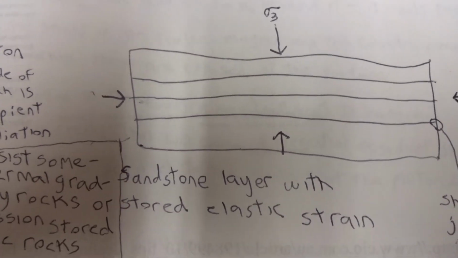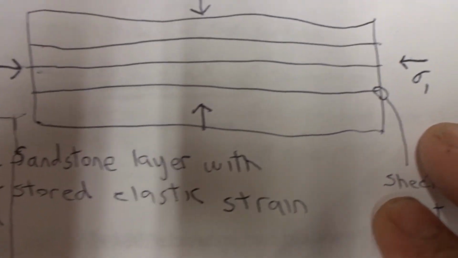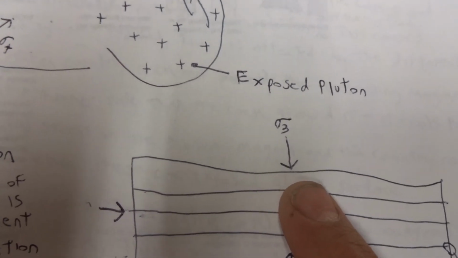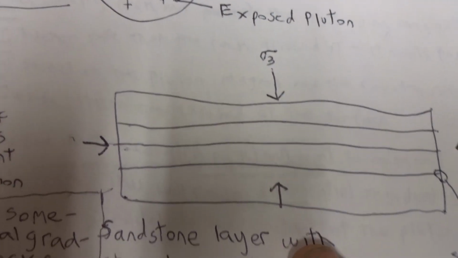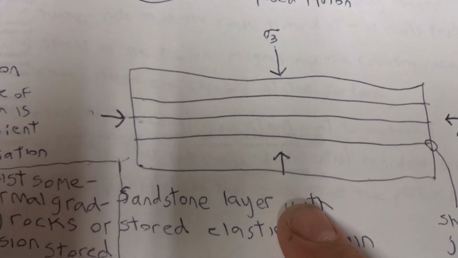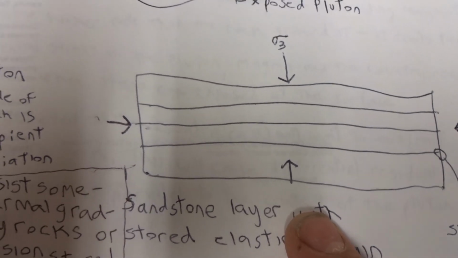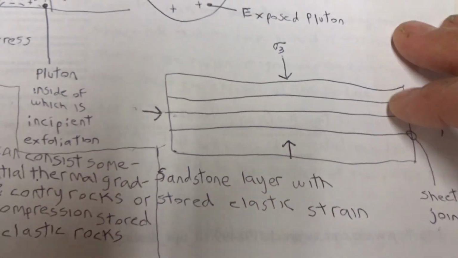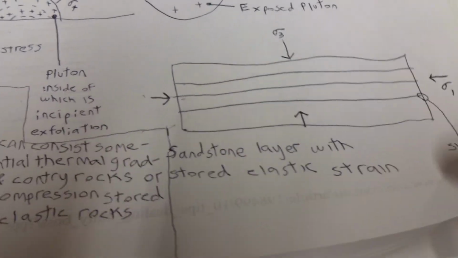We have sheeting joints. Here's the axis, sigma sub 1 of the principal stress, and sigma sub 3 of the least principal stress, acting down in a vertical direction. Sigma 1 is acting in a horizontal direction, pushing the rock together.